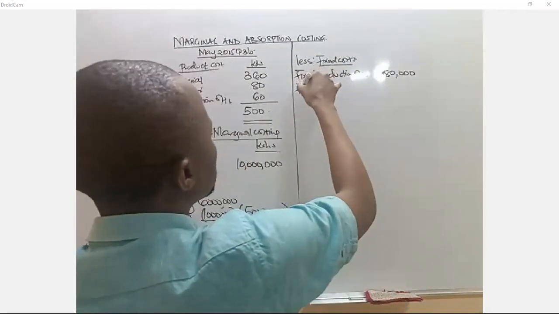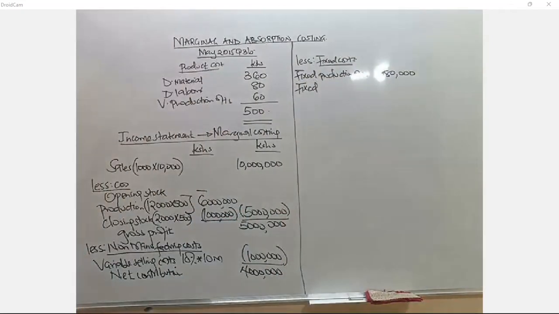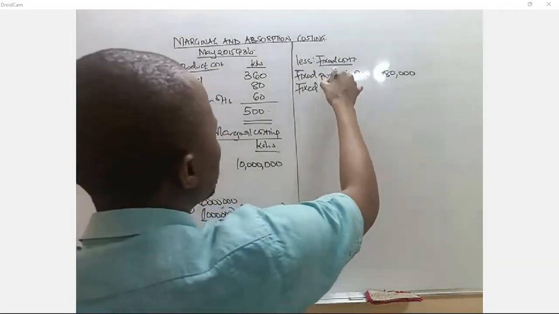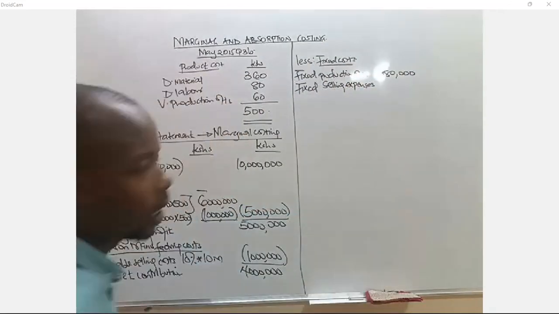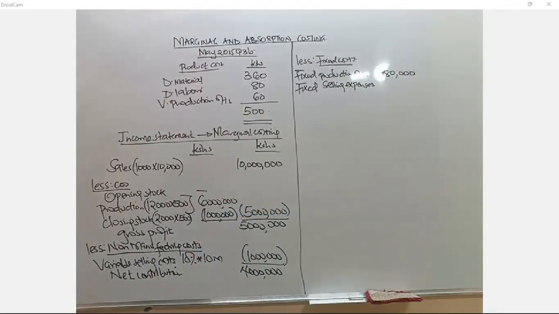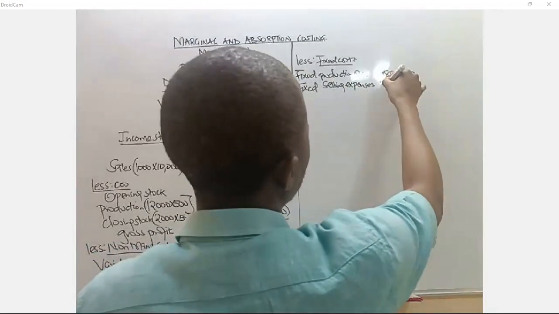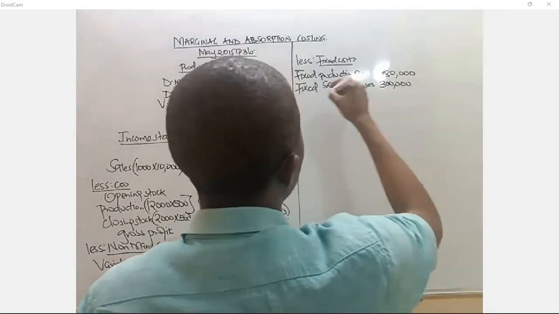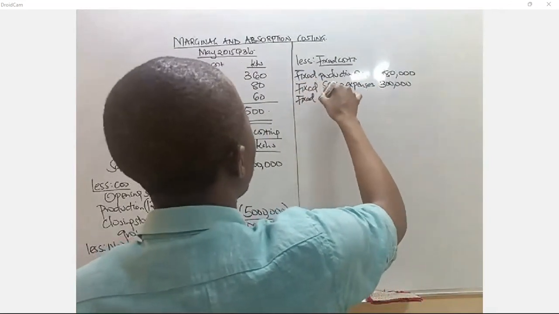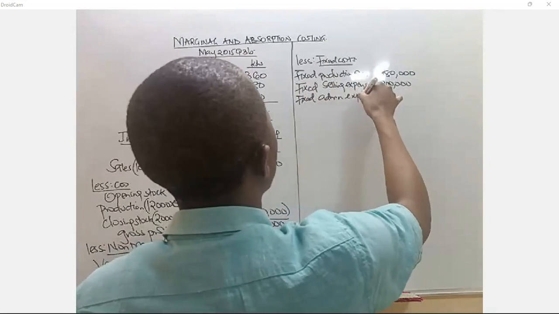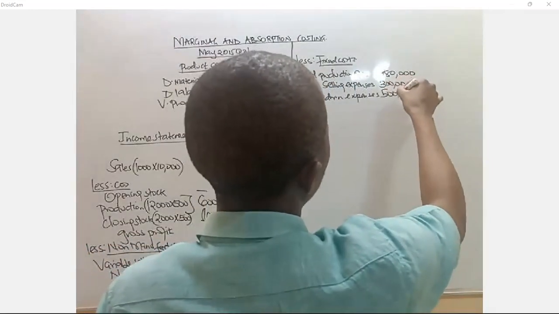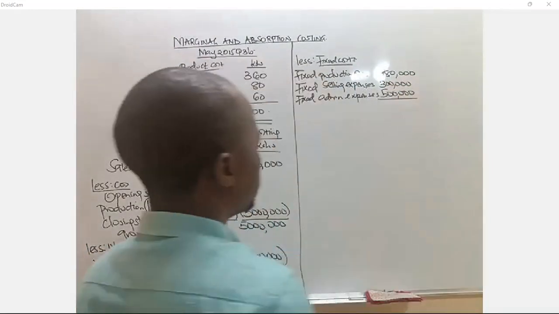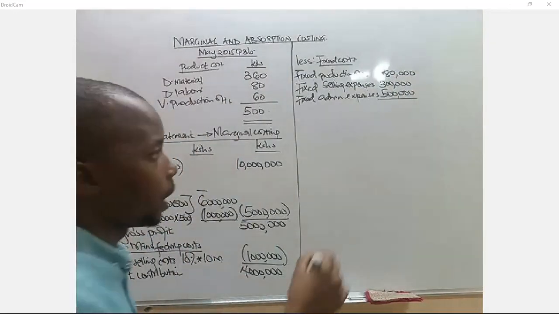We have the fixed selling expenses, which amount to 300,000. Then we have the fixed admin expenses, which amounted to 500,000. What is the total here? 2,780.